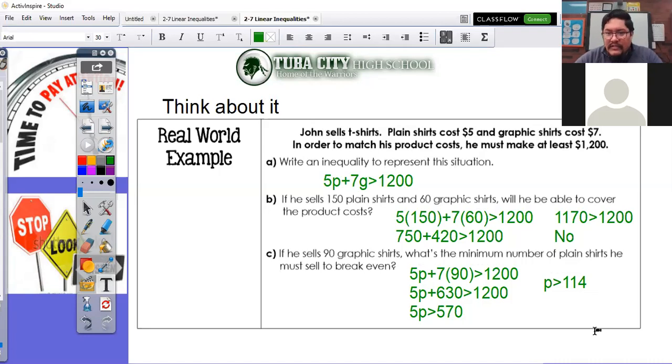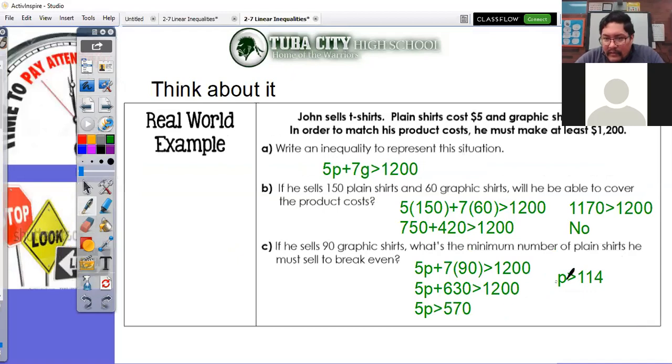So the shirts must be, actually in this case, greater than or equal to, because break even literally means that you get exactly that amount. If this guy manages to sell exactly 114 shirts, he will break even. But after the break even point, everything after that is profit. So that's the money he gets to take home.